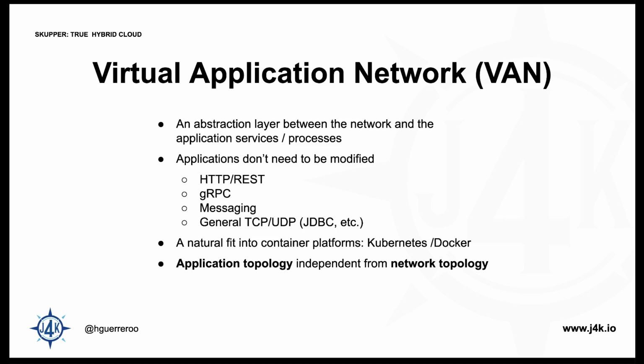So it is actually a very good fit for Kubernetes and Docker, where we can have this abstraction and the concept of services to be able to just offer to the application an endpoint that it can easily consume, and then push the rest of the communication logic into the infrastructure. But in this case, the application topology is totally independent from the network topology.